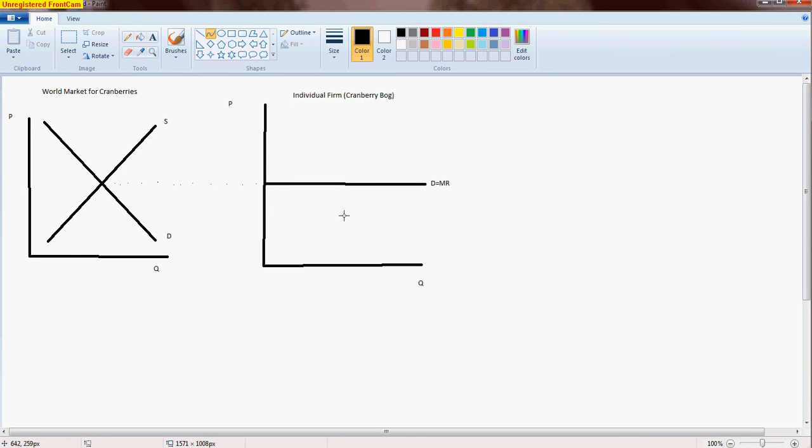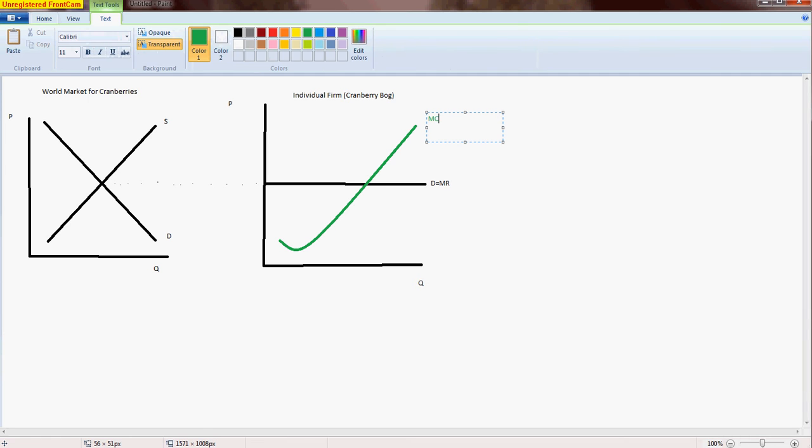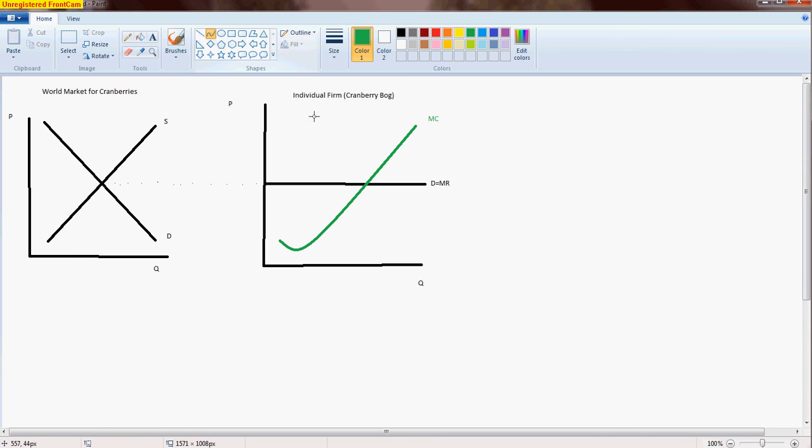And then we have to draw in our marginal cost curve. So we will do that. We'll draw a straight line up there, and then we'll tug it down. That's a little marginal cost curve, and we'll make that green, and we'll label that. So we also have to put in our average total cost curve.